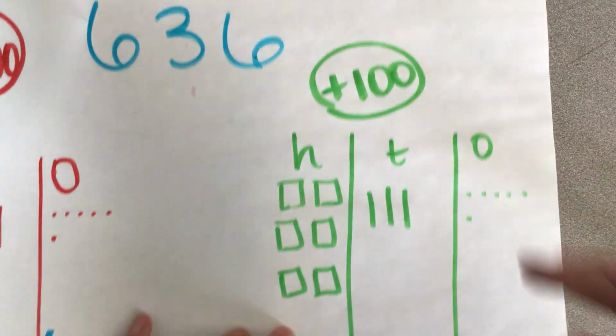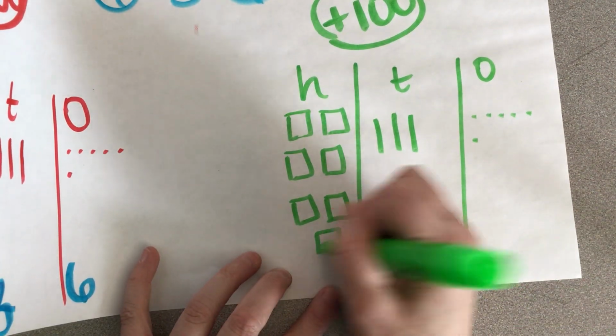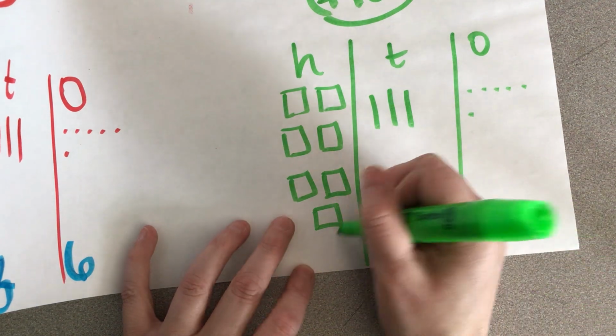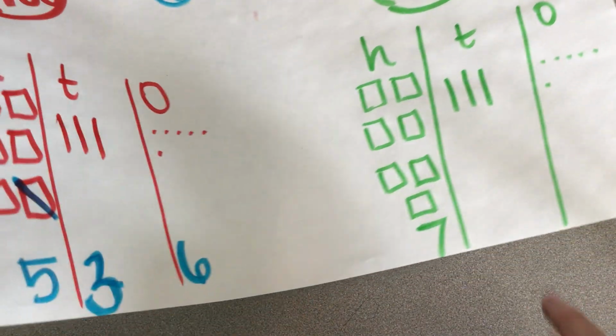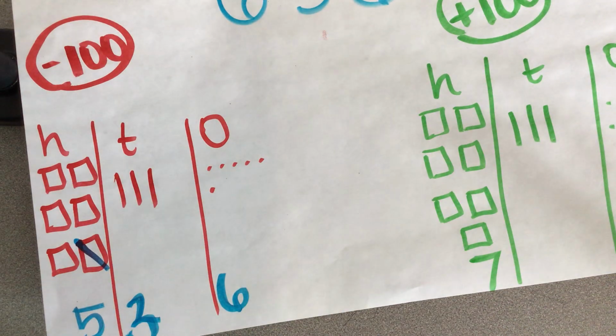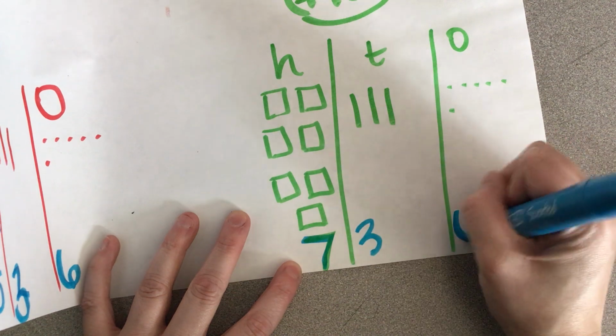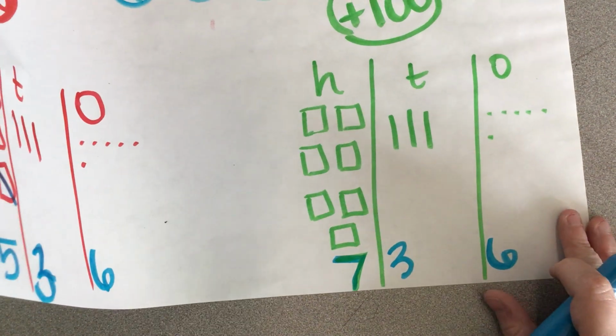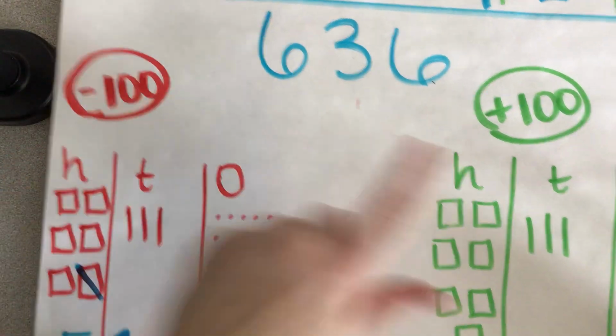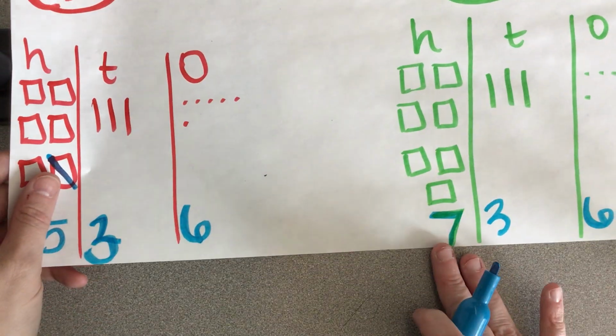Now I'm going to add 100, so I'm adding 100 in the hundreds place, and I now have 700. So my new number is 736. So when we're looking at 100 less, 100 more, only our hundreds place is changing.